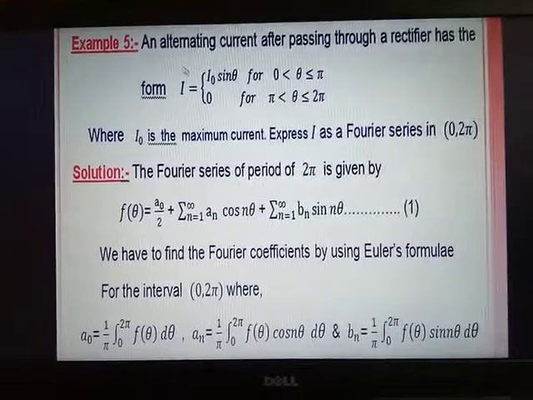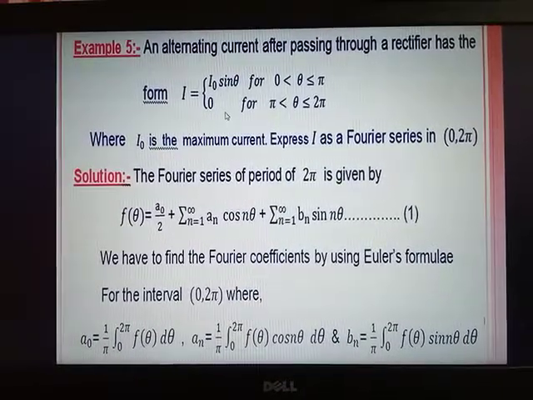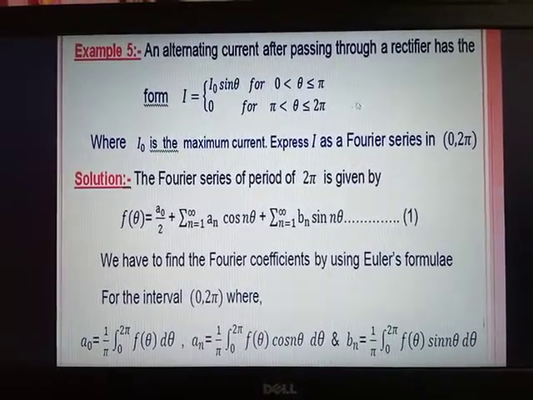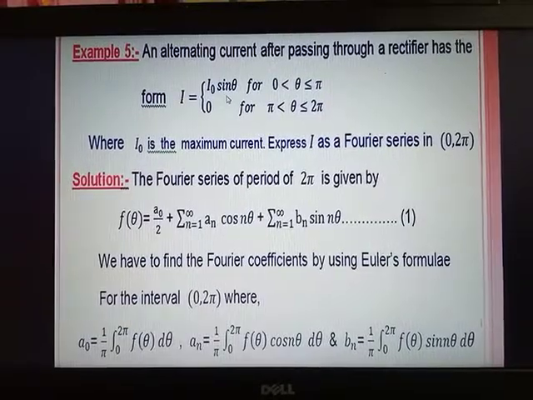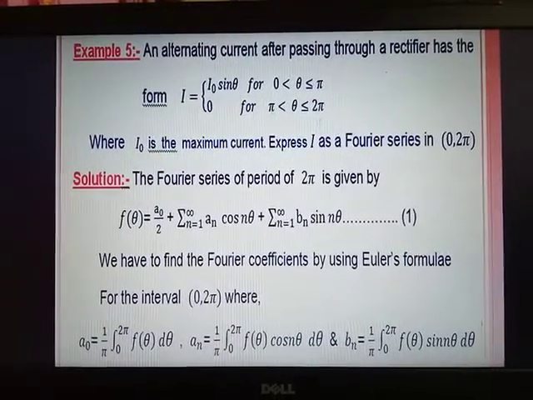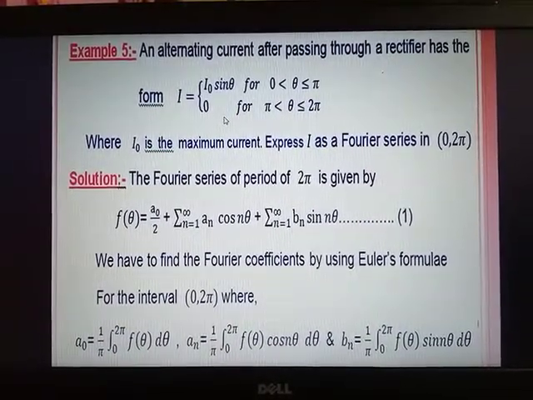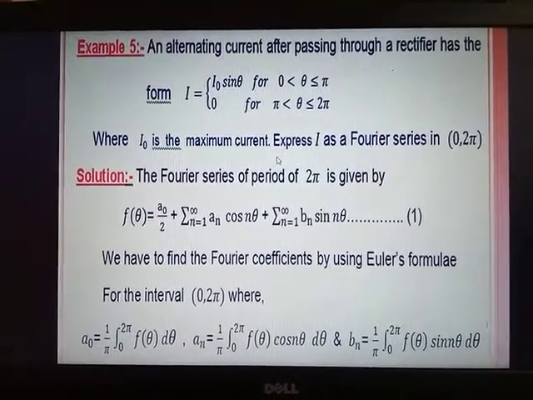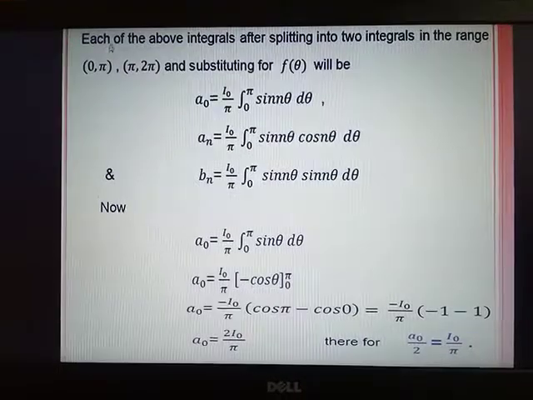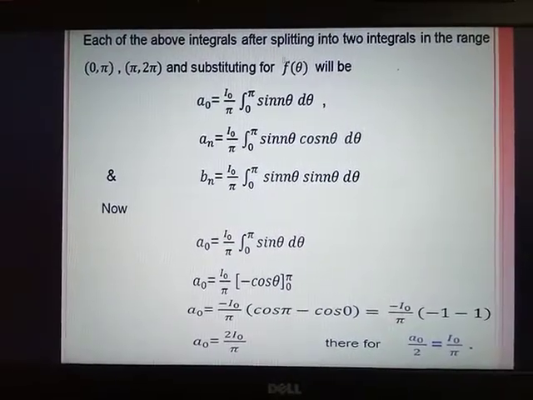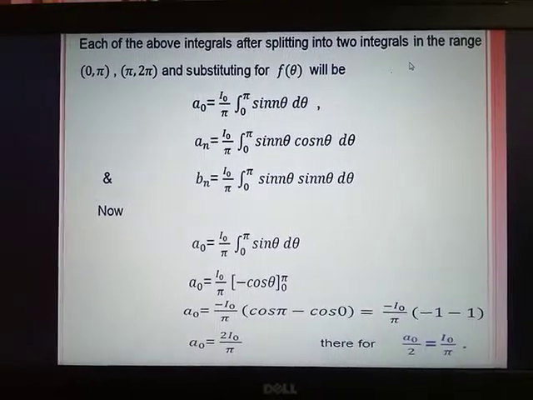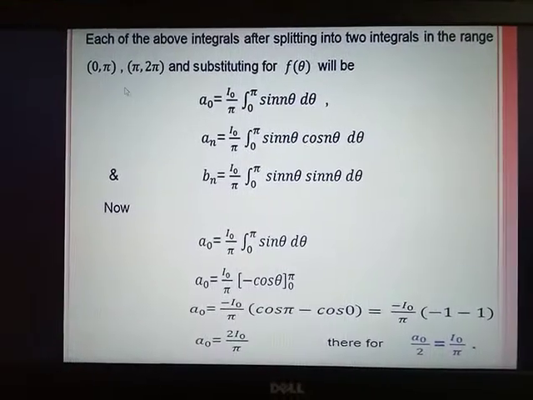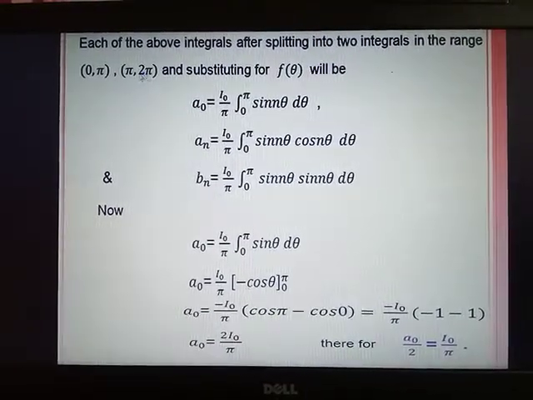See here, your given function has two sub functions. When the limit is 0 to pi it is I naught sin theta, and when it is pi to 2 pi the I value is 0, therefore that part of the integral value is 0. Therefore, each of the above integrals is split into two integrals in the ranges 0 to pi and pi to 2 pi.